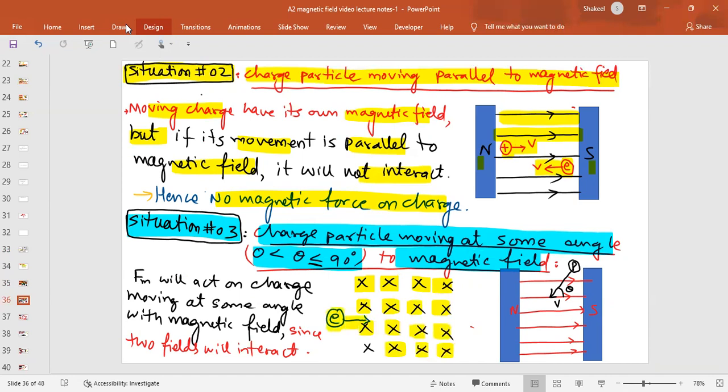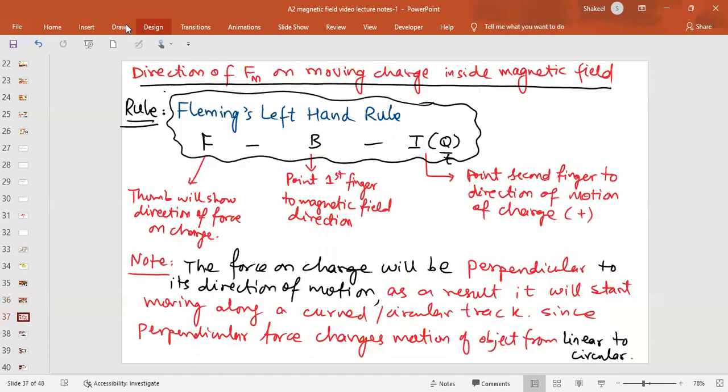The electron is entering at a right angle to the field. Of course, it will experience a force. In the other one, the proton is moving at some angle theta to these magnetic field lines. Of course, it will again experience a magnetic force. So the magnetic force will act on a charge moving at some angle with the magnetic field, since the two fields are going to interact there.